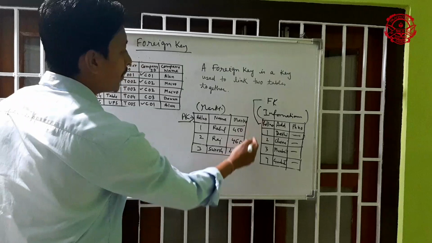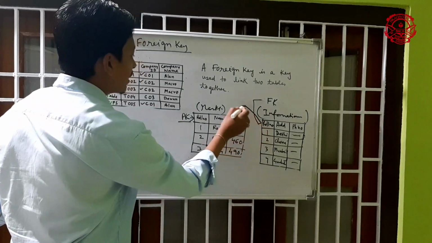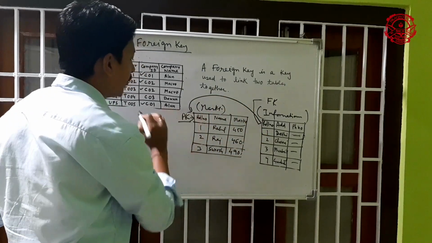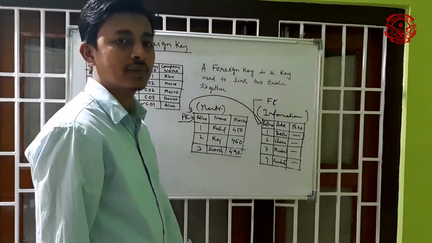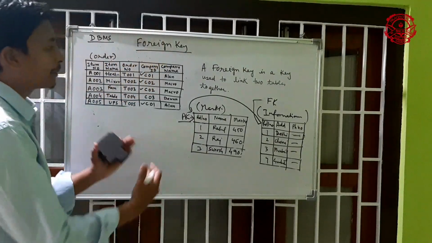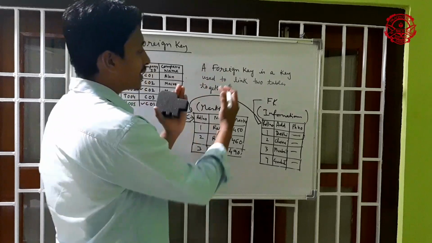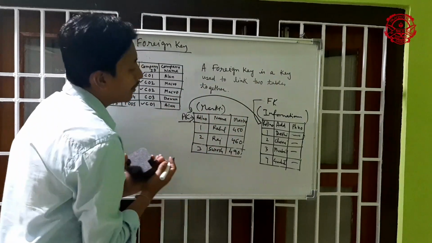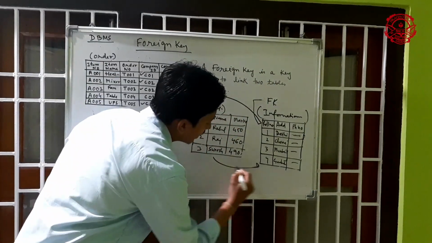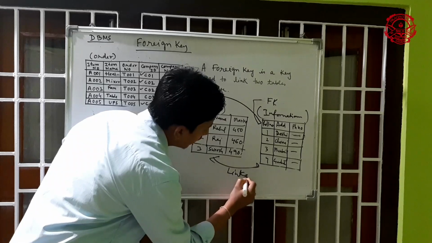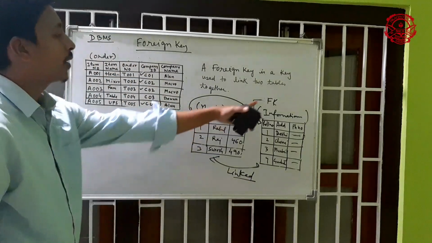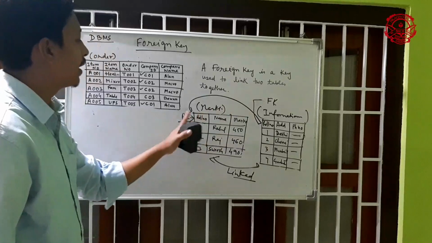Why? Because this roll number references the value from the other table. So a foreign key is used to link these two tables, with the help of this roll number.